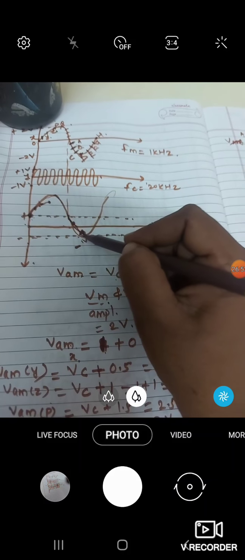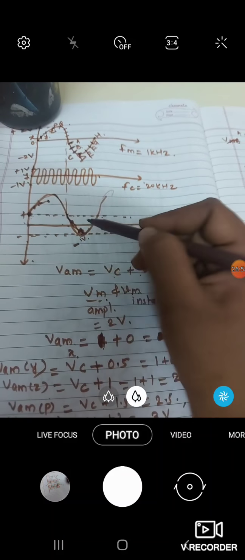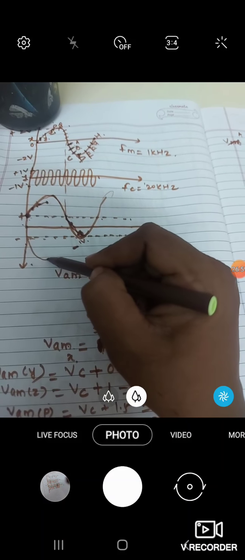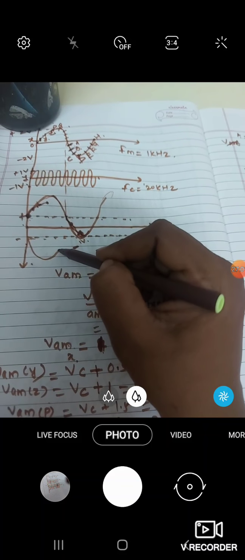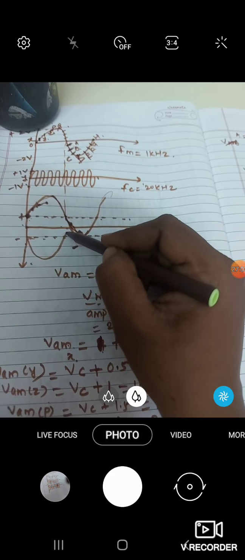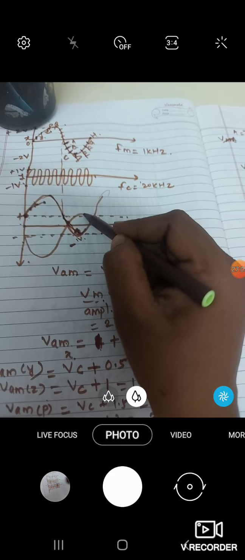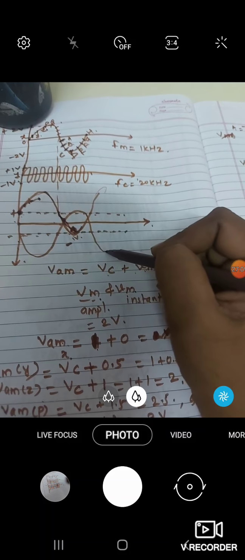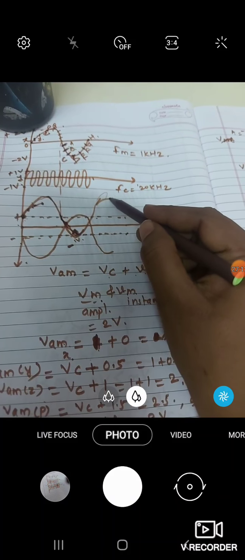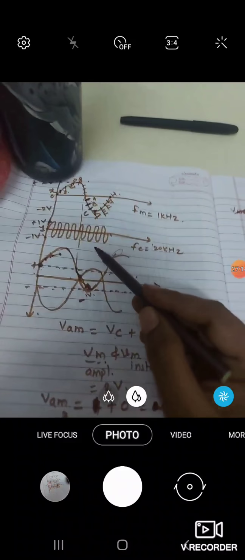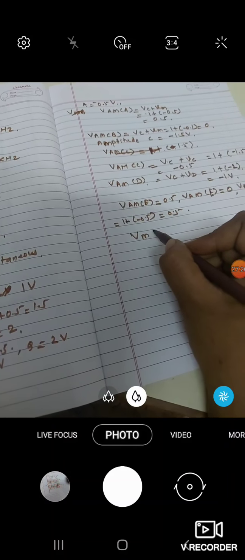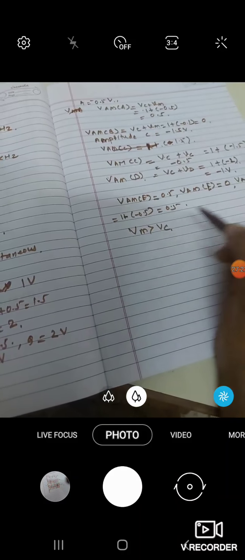This 1 volt portion is coming in the negative half cycle. Similarly on this side, we have to take the mirror image of that. Here it will travel up to this, here it will be coincident, and again it will travel the same way. So this is the concept of over modulation. Overlapping happens in over modulation because the value of VM is greater than VC.